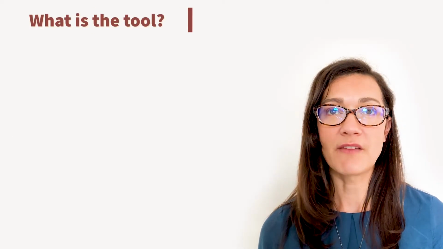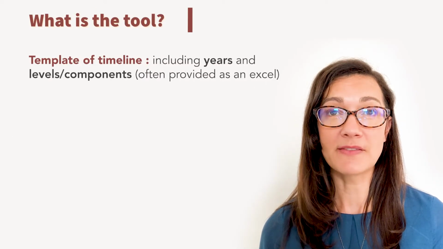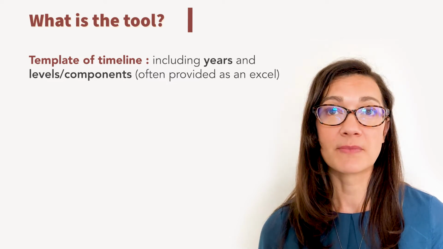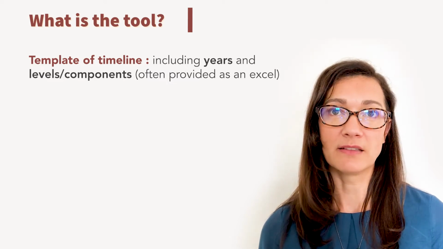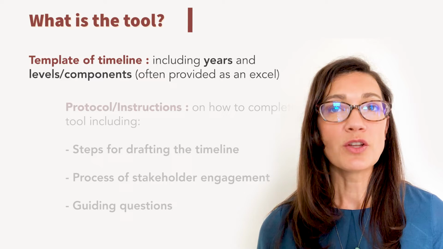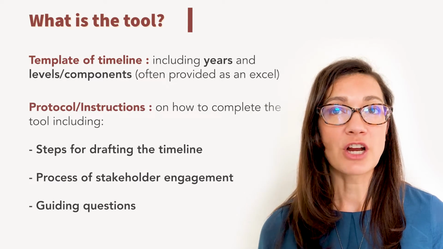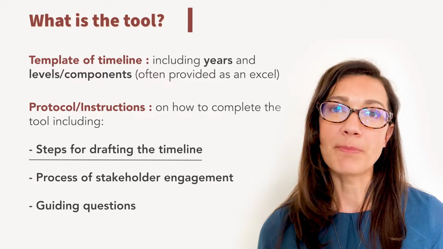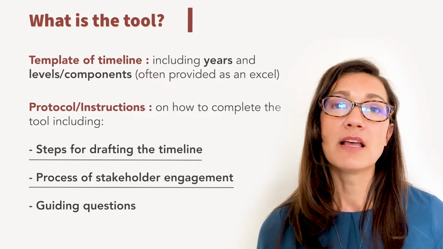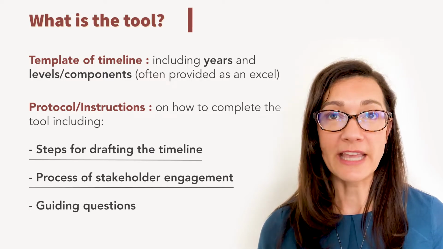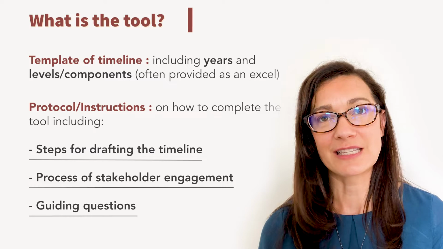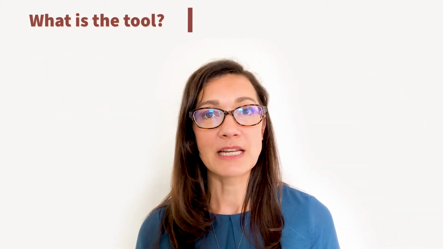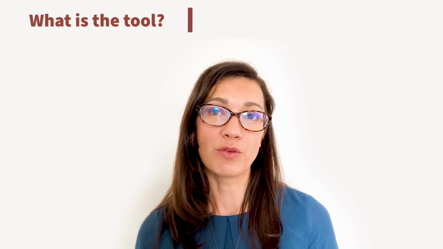The components of the tool include a template of the timeline with the years and levels or components, and this is often done in Excel. You also should develop a protocol or instructions on how you're going to complete the tool, and this will include steps for drafting the timeline, the planned process for stakeholder engagement, and guiding questions to support the analysis. These components should be adapted and tailored to the specific needs of your research.